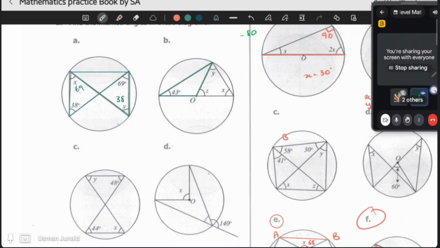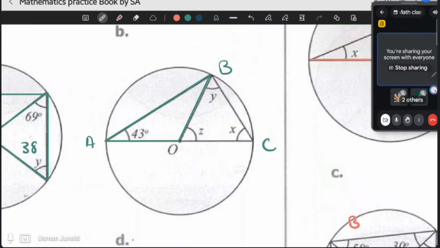I'm also done with C and I'm on B. Navira, can you see that this is a triangle OAB, right? Can you say that this and this are equal due to them being radius? अब मुझे इसको सॉल्व करने की कोशिश करो और फिर बता. What angle would be ABC? 90 degrees. ठीक है, अब सॉल्व कर सकते हो.